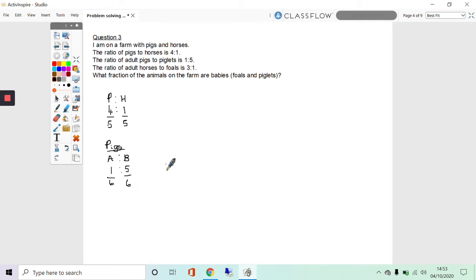So my number of piglets is going to be 5/6 of 4/5. And remember that when we're dealing with fractions, of means multiply. So that's going to be 5/6 times 4/5.